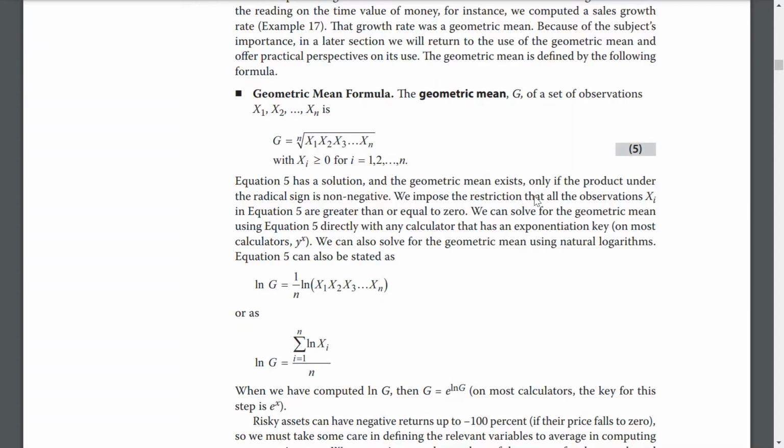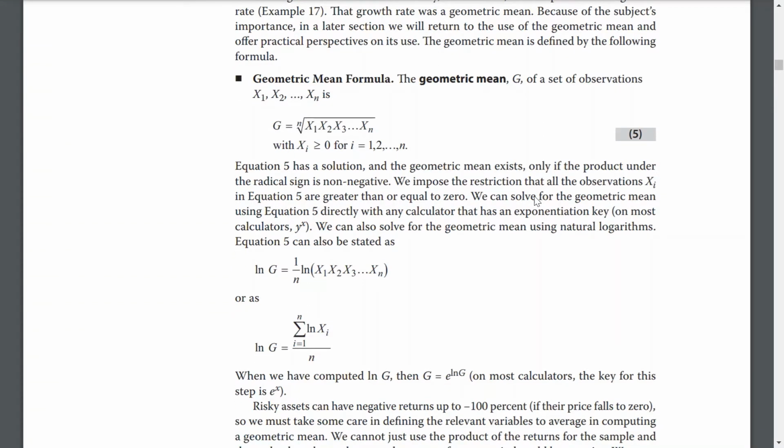Only if the product under the radical sign is non-negative. We impose the restriction that all the observations xi in equation 5 are greater than or equal to 0.